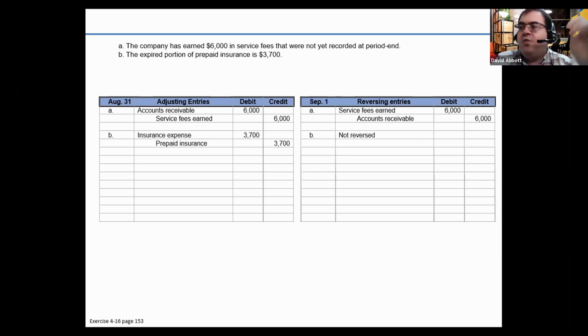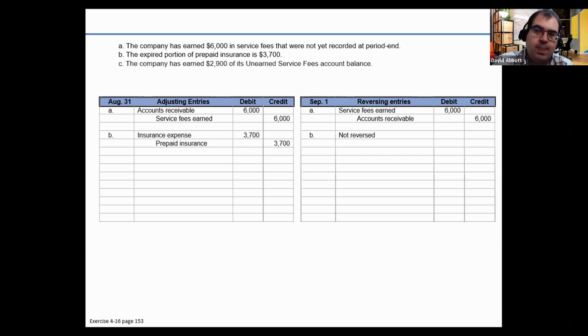And they're also owed the revenue, which is the accounts receivable, because they wait to record it either at the period end or once they receive the cash payment. The company had earned some of the unearned service fees: unearned service fees of $2,900 is a debit, credit to service fees earned.